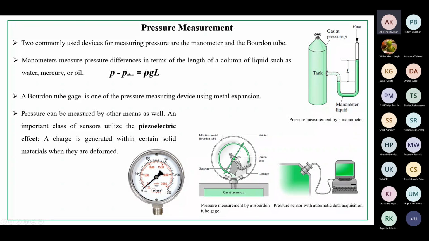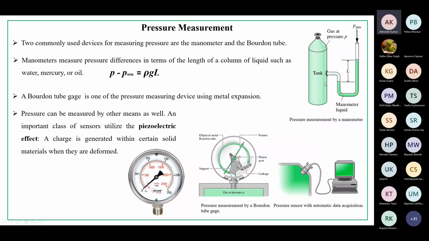When it expands, this edge moves this side, and at the same time it moves this pinion gear. The pinion gear is connected with this pointer, and the pointer is given to the dial gauge. According to the earlier calibration, it shows you the pressure. It works on this principle.